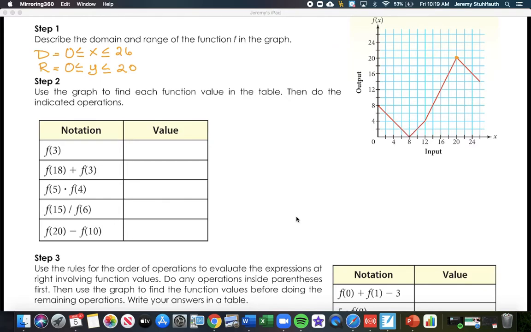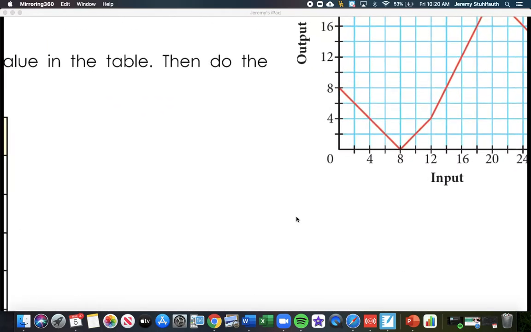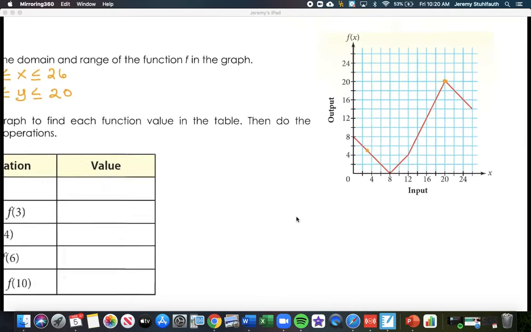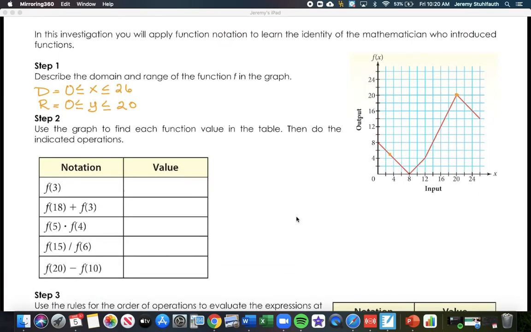If we want to know what f of 3 is, then we would need to come up to our graph and find out what is the y value when x is equal to 3. So when x is equal to 3, we have 3 right here. It looks like f of 3 is going to be 5. So we have 5.